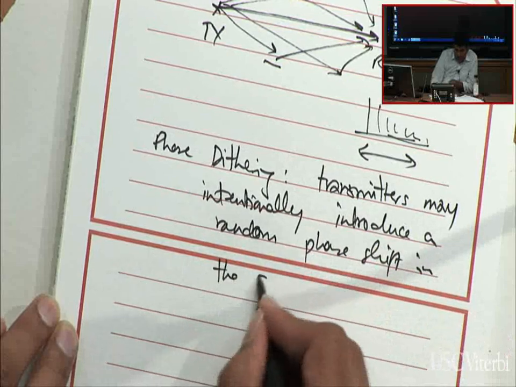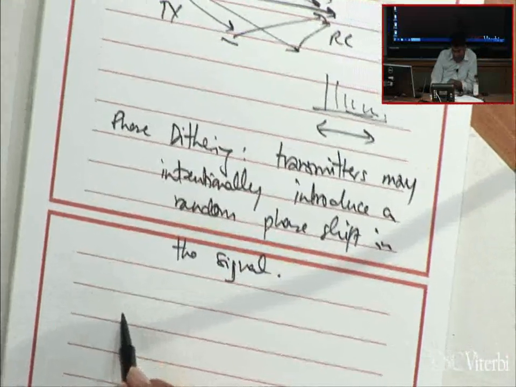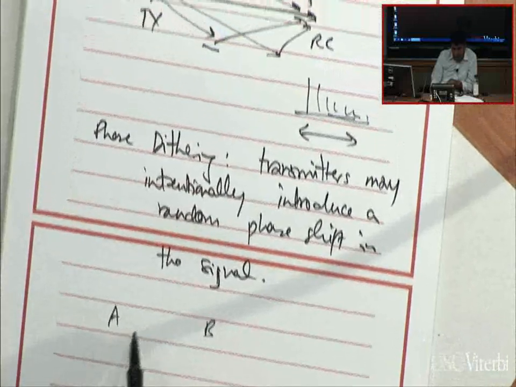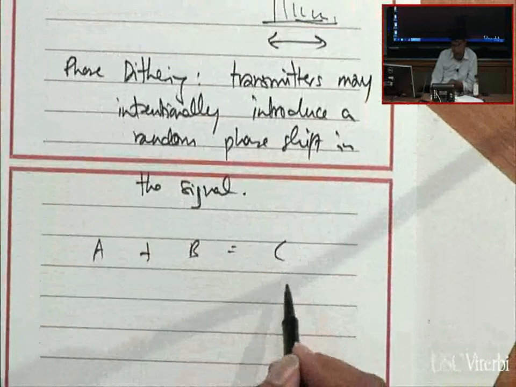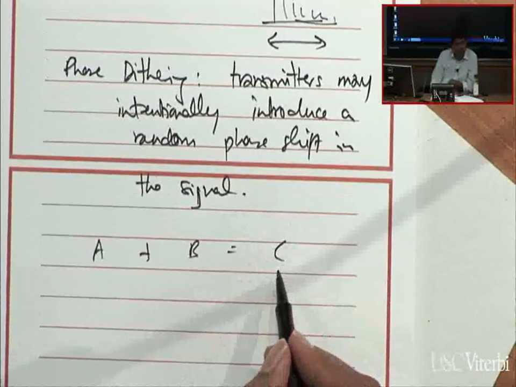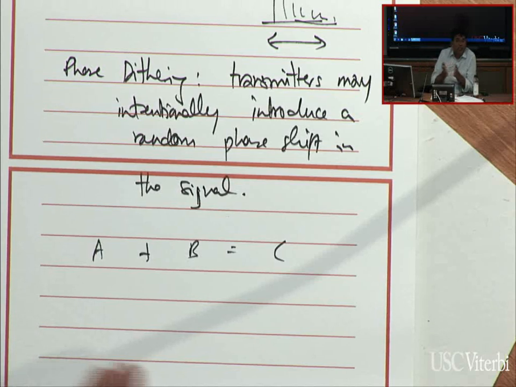And you can show mathematically that, if I have two signals A and B that are both sinusoids, and I'm adding them up, of course the final result, whether it's constructively interfering or destructively interfering, will depend on the phase. So if two senders happen to be in such a location that they would be out of phase, if they're perfectly synchronized in such a way that it shows up 180 degrees out of sync, you're going to get nothing, right?